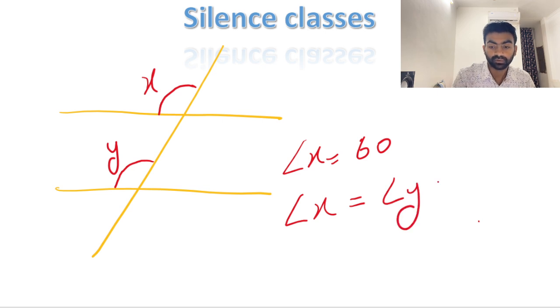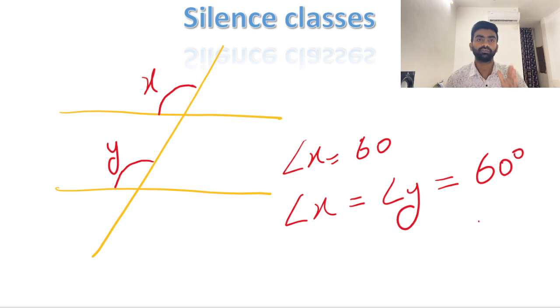That's why angle y and angle x are both 60 degree. So if we have to find the value of y and the given value of x is 60 degree, we can say that the value of angle y is 60 degree because corresponding angles are equal. You can write it down: corresponding angles are equal.